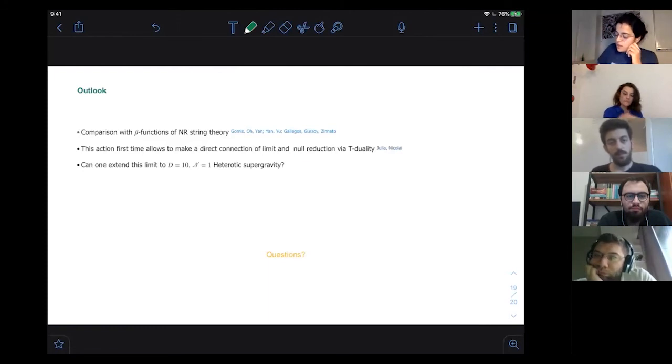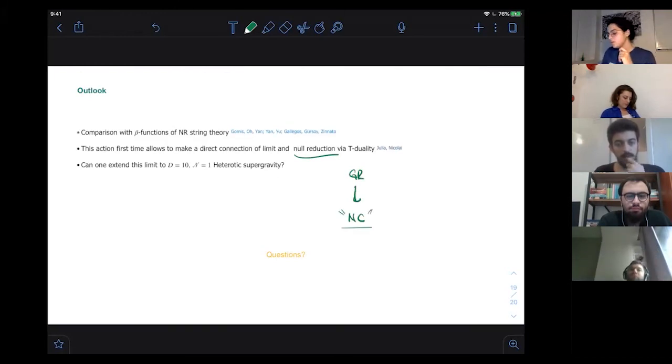One attempt was the null reduction of GR, Newton-Cartan, let's say, and they realized that they can't get the Poisson equation. And this theory, in principle, we didn't know the relation with the limit.